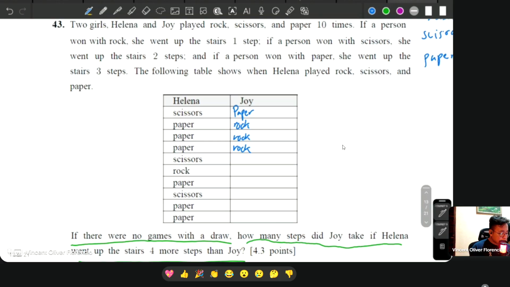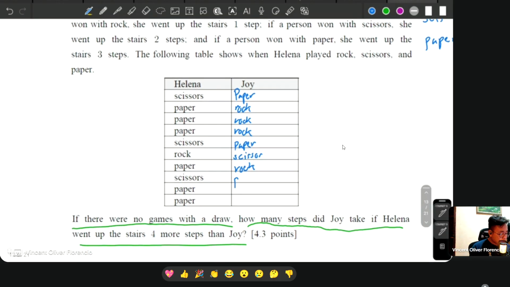Scissor. Scissor defeats what? Paper. Rock defeats scissor. Paper defeats rock. Again, scissor defeats paper. This is rock, rock. Okay.